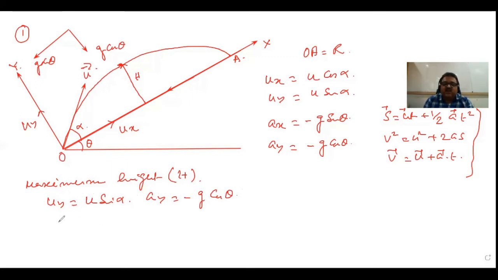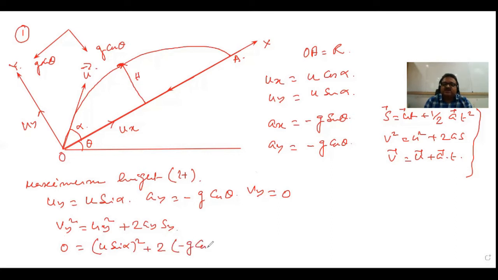Now, applying this formula, v² = u² + 2ay sy. What is vy at the highest point, at maximum height? vy is 0, so put this value 0. What is uy? (u sin alpha) whole square plus 2 ay, which is minus g cos theta, times sy.